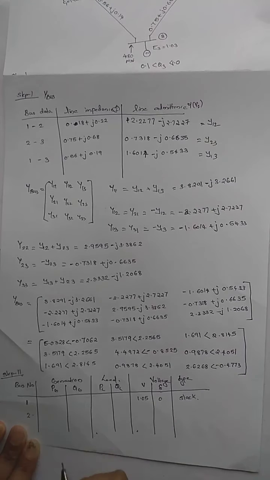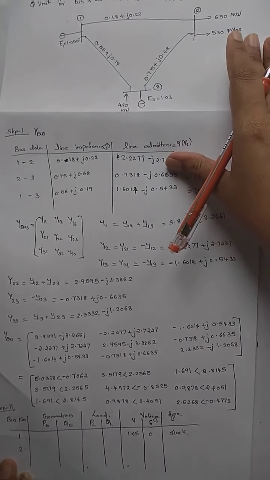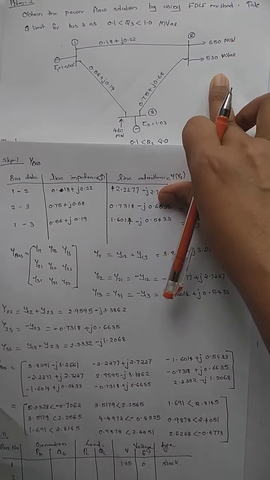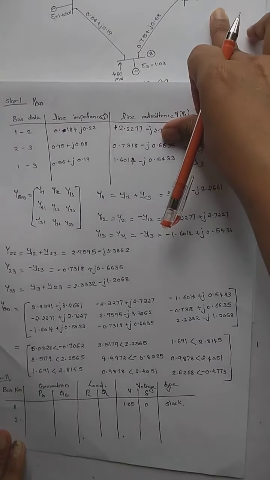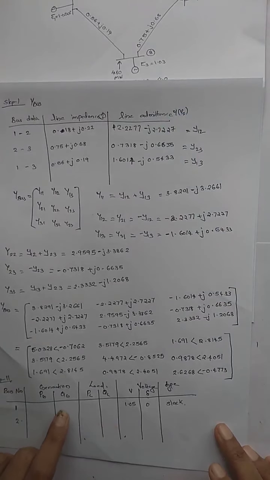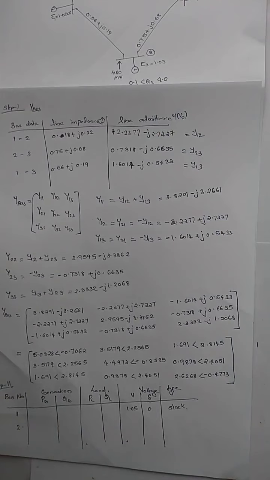And in the second bus they have given 650 and 530 MVAR. Here I am converting it into per unit, so I am taking my base value as 100.